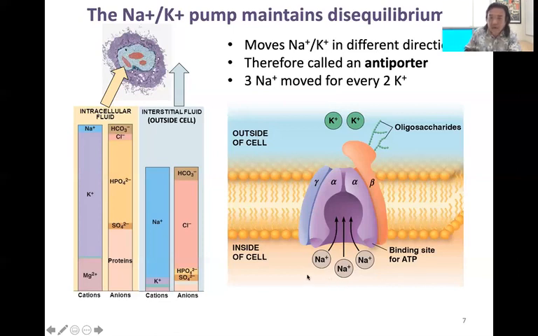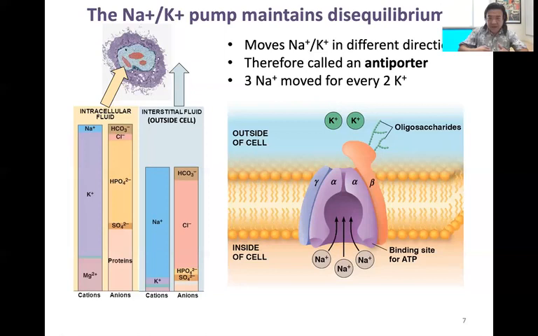Right? What does that mean? That means if you have many, many more gray sodium balls on the outside here, then what would be the direction that the sodium ions would actually naturally want to flow, from uphill to downhill? It would be from out to in, right?